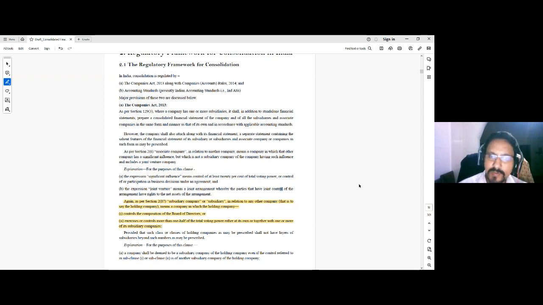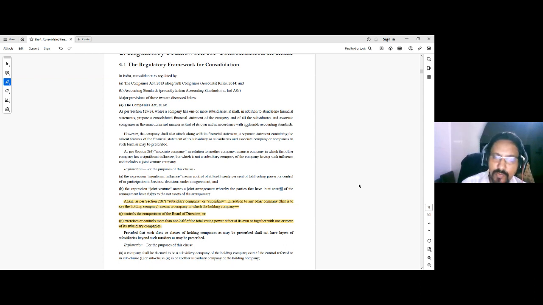Now, it may so happen that A Limited is holding, say, 40% of the voting power of B Limited, but another subsidiary of A Limited, say X Limited, is holding another 20% of the voting power in B Limited. So A Limited, along with the subsidiary X Limited, together holds more than 50%, that is 60%, of the voting power of B Limited. In that way also, A Limited, the ultimate parent company, will be considered the holding company of B Limited.